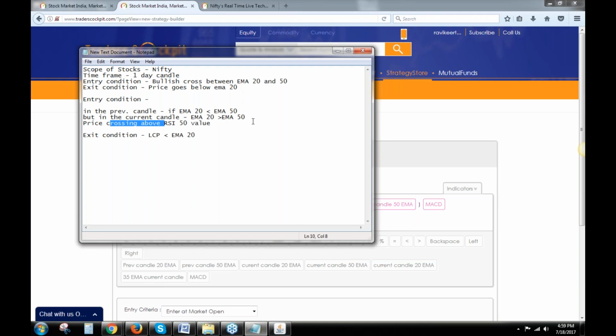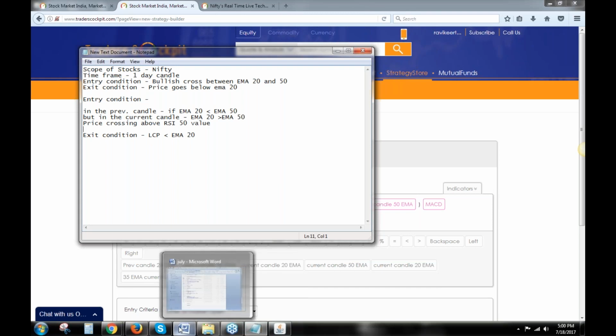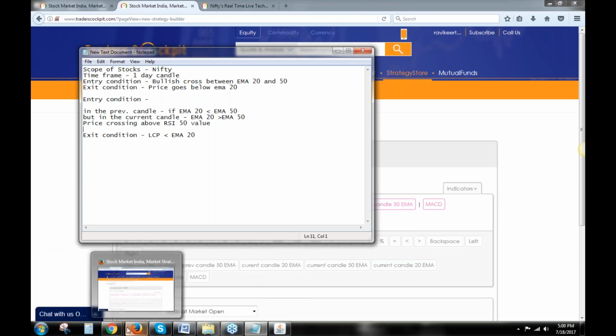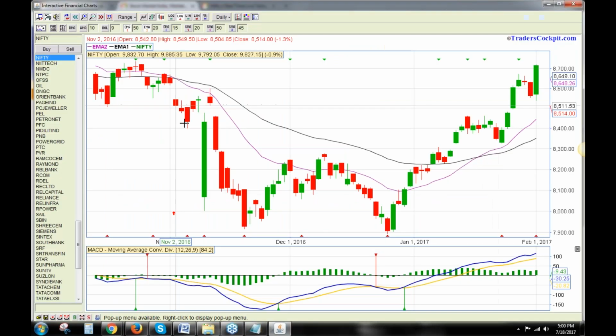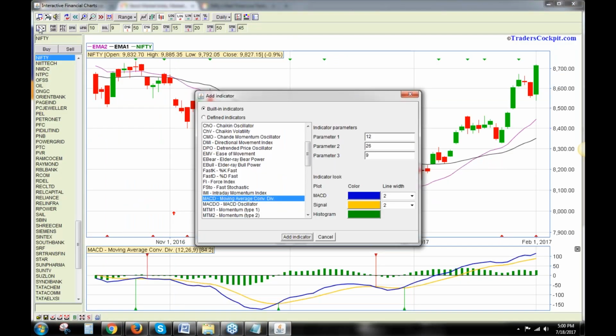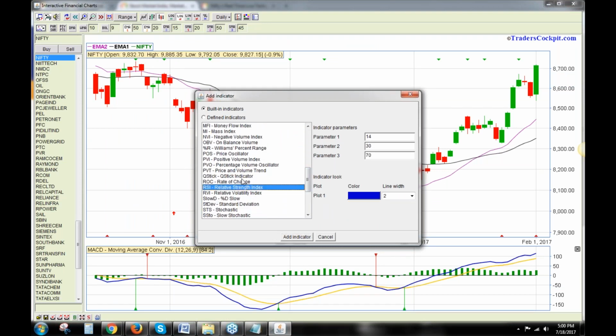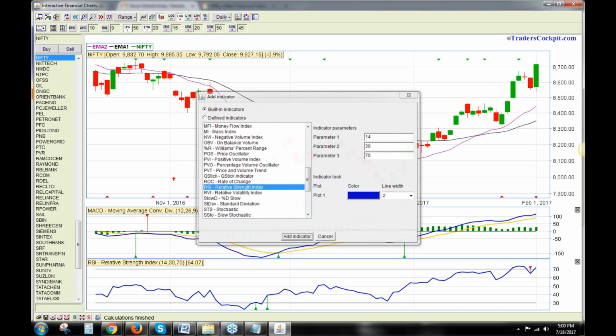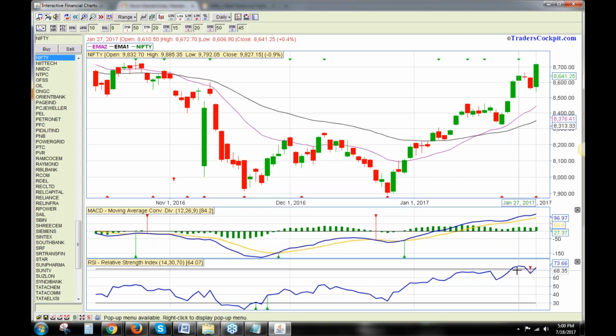If we want to add RSI crossing the 50 value, that may be very rare to perceive. Let us see here, RSI now at this particular point of time where the crossover happened.